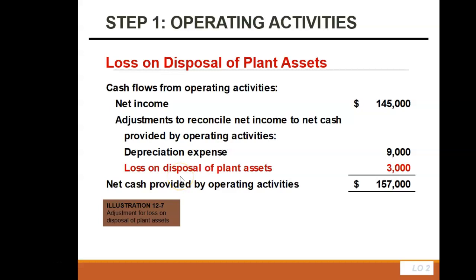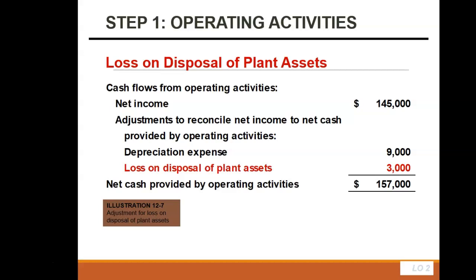We are working on the operating activity section of the statement of cash flow using the indirect method approach. So we're looking at right now what items we are going to add to our accrual-based net income in order to calculate our cash-based net income.